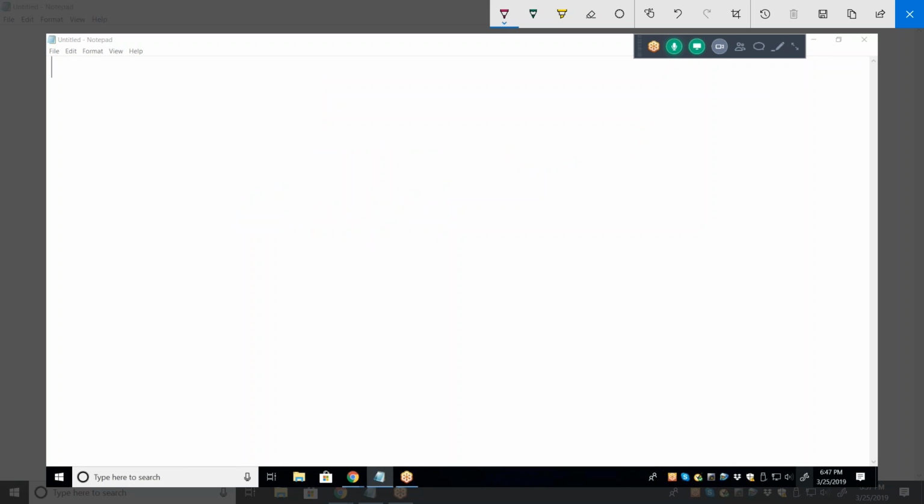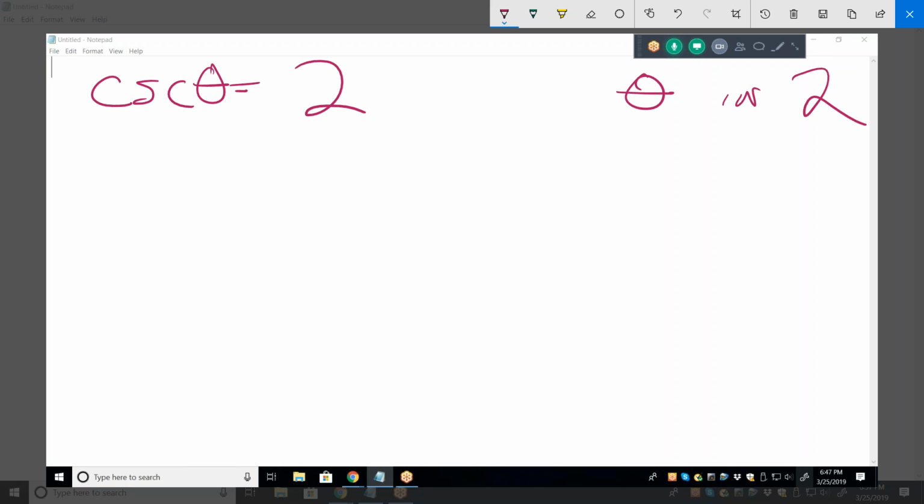All right. What else you got? Okay, so this one is cosecant theta equals 2, given that theta is in quadrant 2. Marginally more difficult, but not really. Always remember, trig function of theta equals a ratio. So instead of 2, let's write that 2 over 1.